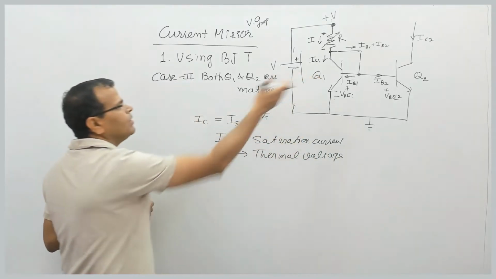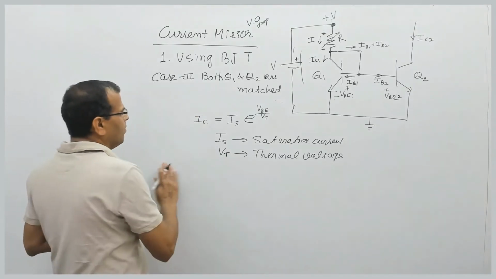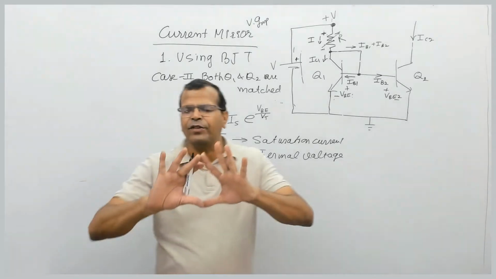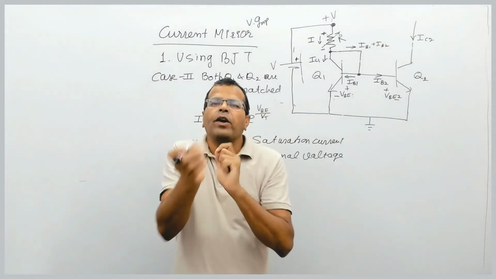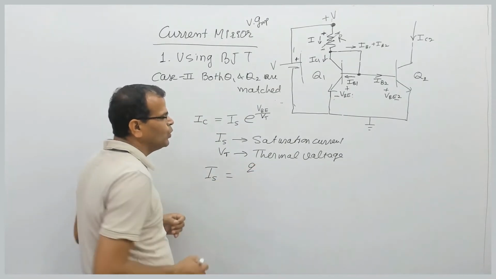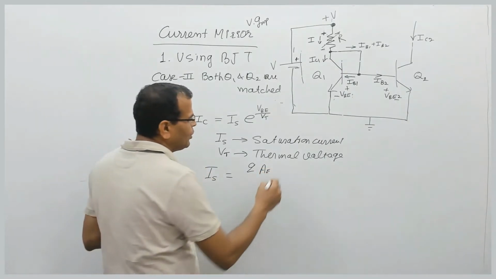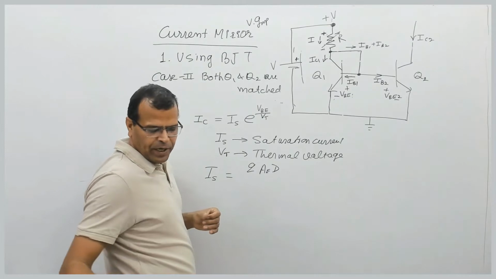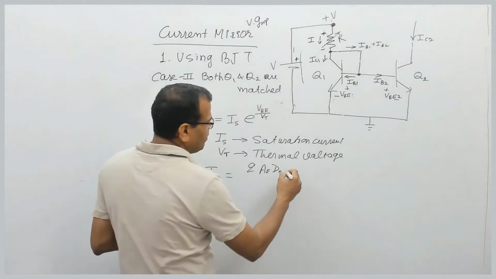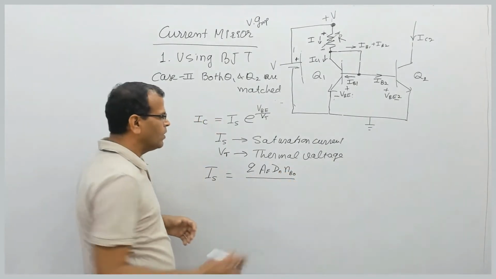Fine. And VBE, you know what it is. So we will be finding the expressions of current. But what is saturation current? IS. The saturation current, I can give you one direct relation. The saturation current is given by charge Q into area of cross section of the emitter junction into, if it is an NPN transistor, the diffusion constant of electrons multiplied by the concentration of electrons in the base region divided by the width of the base region.